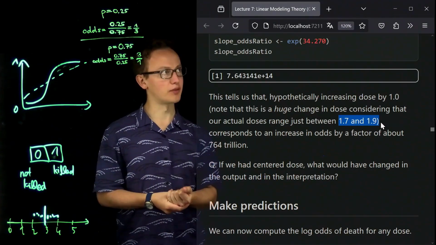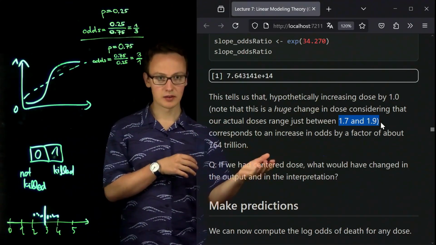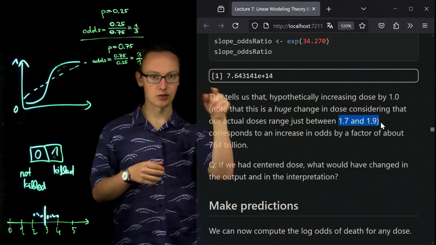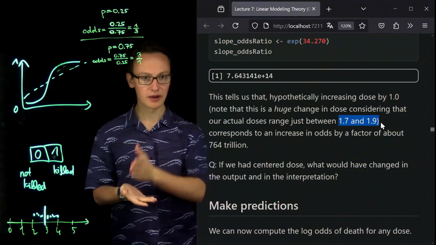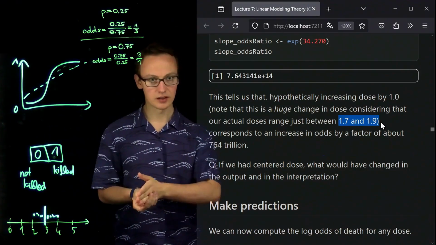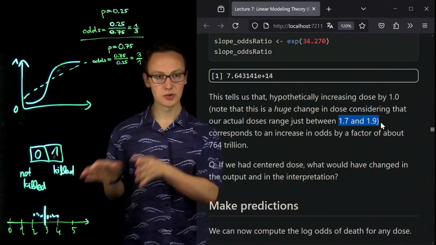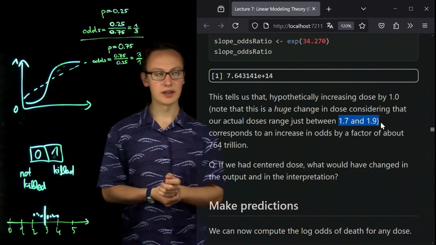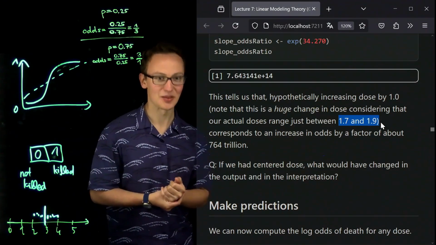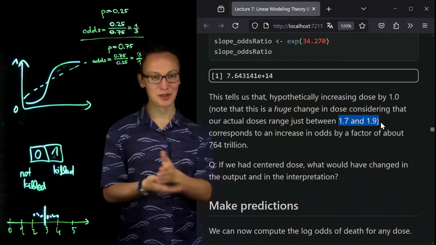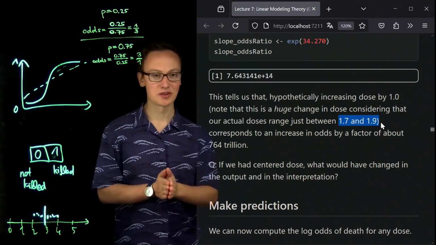Or like another example, if your original odds was 2 against 1, which you could represent as a fraction as 2 divided by 1, which is just 2, then if you now increase the dose by 1 step up, your odds, which originally was 2 against 1, would now be 1.5 quadrillion to 1, because you've now multiplied your original odds 2 by that 764 trillion odds ratio.